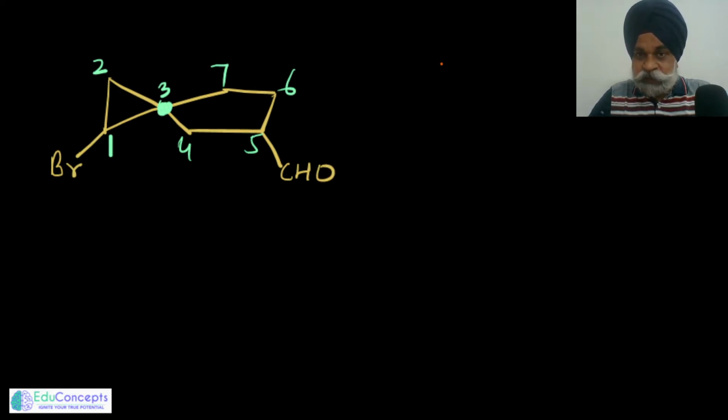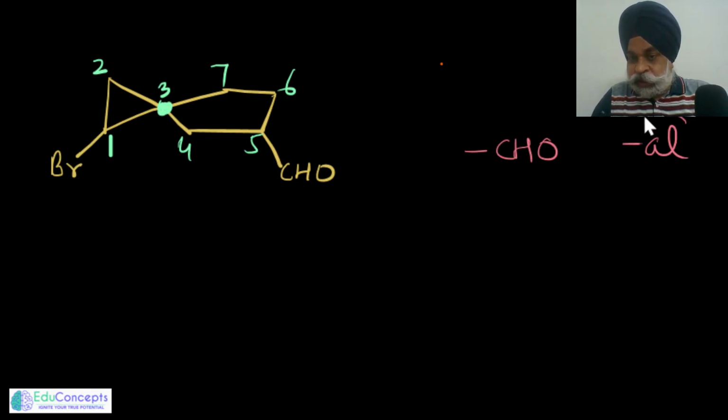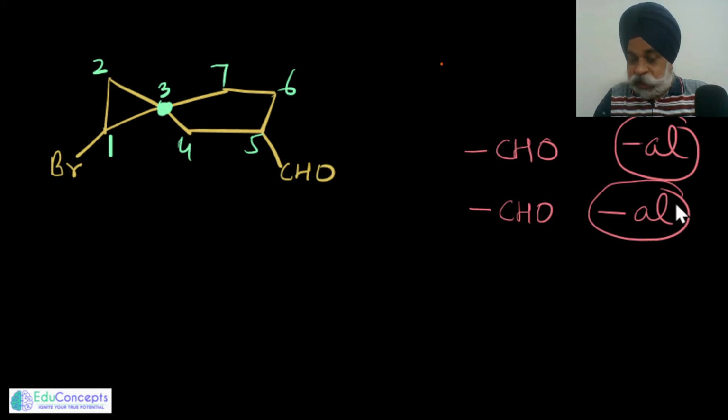Now here you have a functional group which we call CHO, which has a suffix of al. This al would be used as a suffix when the carbon of CHO is included in the main carbon chain. Because it is not in the main chain, it would be referred to with a new suffix which we call carbaldehyde.